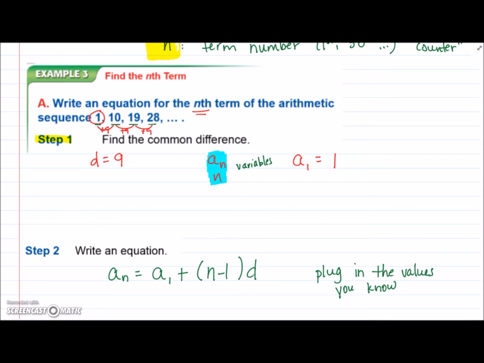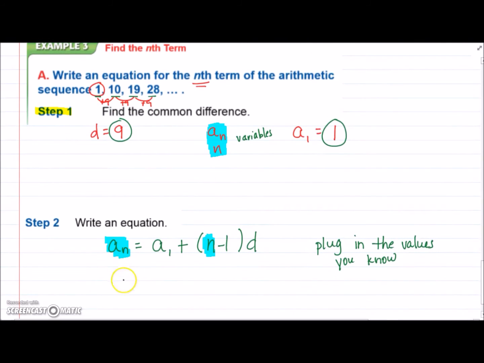We already said a sub n and n, those are our variables. We're going to leave those, but we are going to put in 9 and 1. So I'm going to write a sub n equals, what is a sub 1? 1. Plus, I don't know what n is, so I have n minus 1, and I do know what d is. D is 9.